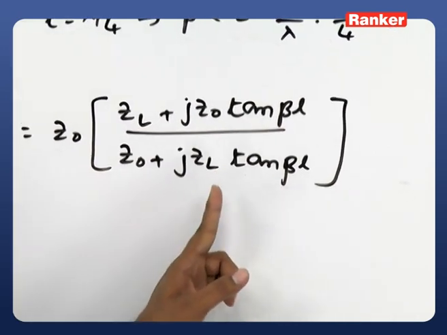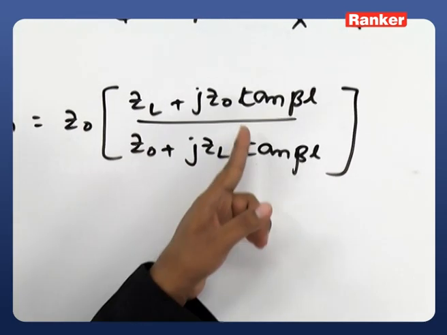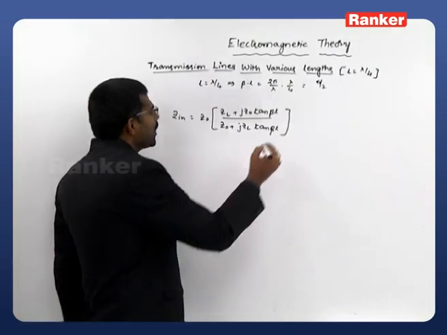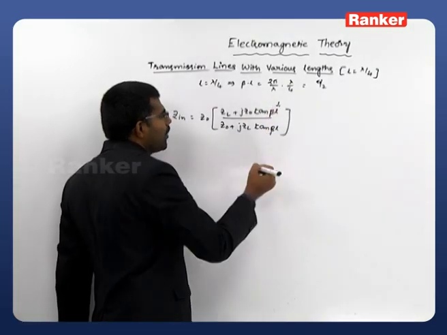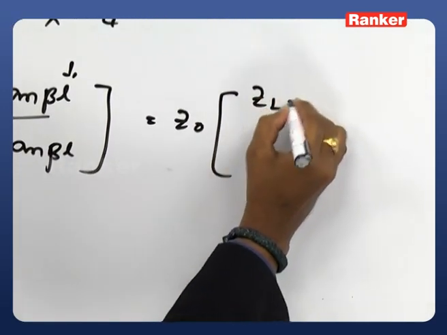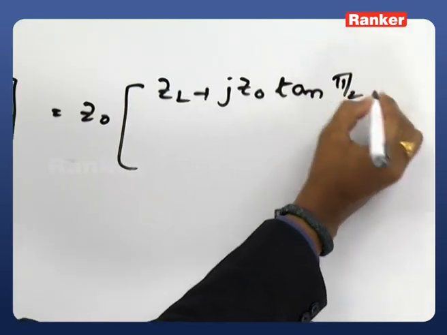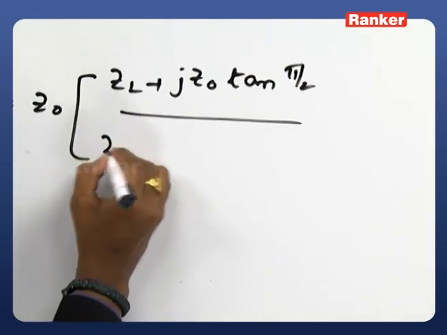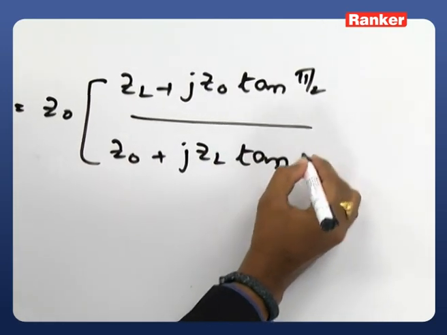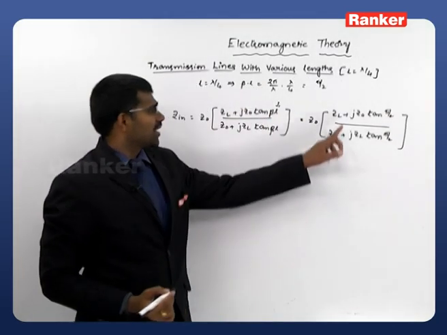Here also, clearly remember, I am assuming the line is lossless. Only then is this equation applicable, otherwise it is very difficult to solve. Now I will substitute beta L equal to pi by 2, which gives Z0 into (ZL plus jZ0 tan pi by 2) divided by (Z0 plus jZL tan pi by 2). Don't try to take this as infinity.